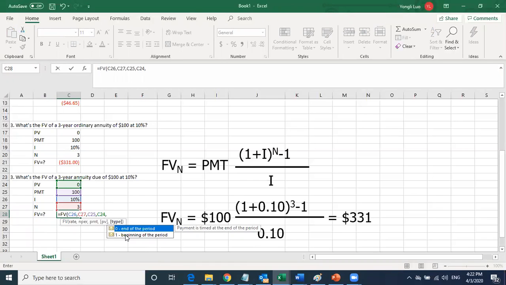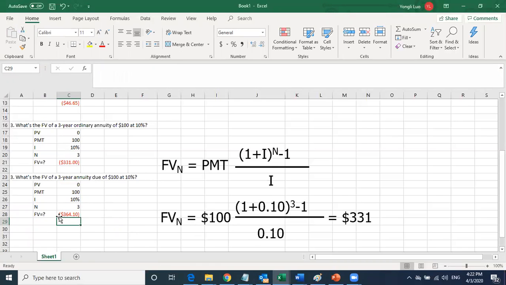Type 0 is the end of the period and 1 is the beginning of the period. For annuity due, you choose 1. Click enter, and your annuity due is $364.10. Any questions? That's the future value of an annuity due.